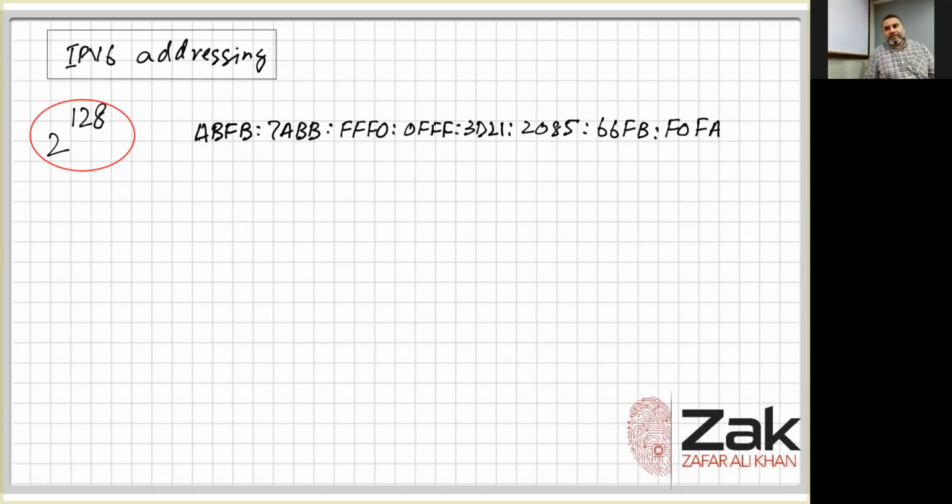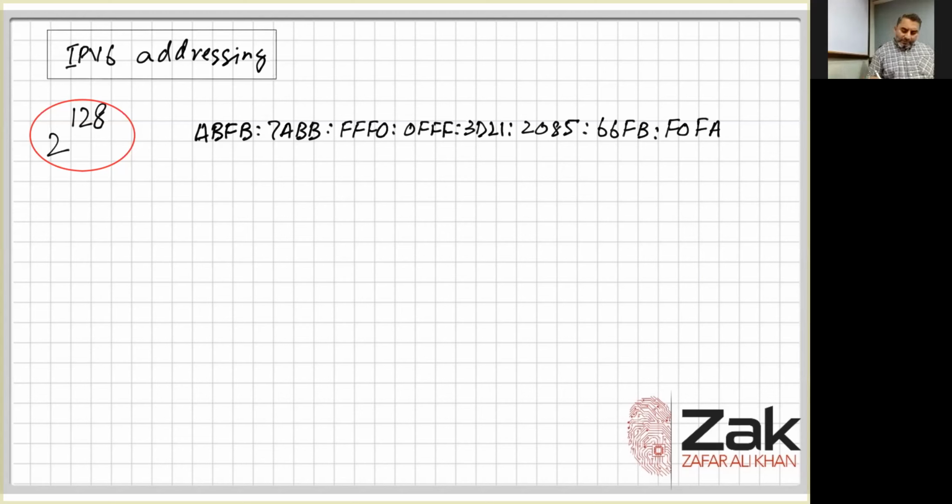This happens because the number of available IP version 4 addresses is small, and in version 6, since it has a huge number of addresses, we don't expect any collision to occur. IP version 6 has built-in authentication, so it is more secure, and allows for more efficient routing as well.